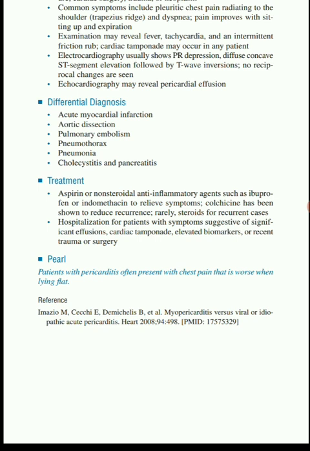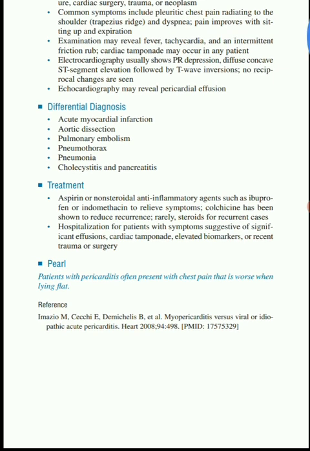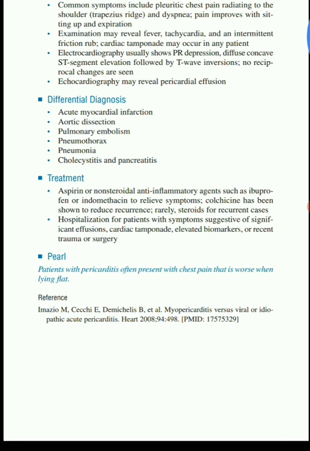So that will be your number one differential to come to your mind as you take the history, as you try to explore the pain. On asking for the aggravating and relieving factors, they'll tell you the pain is aggravated on lying flat and it is relieved on sitting up and expiration. So that will give you a clear marked differential of acute what? Acute pericarditis.